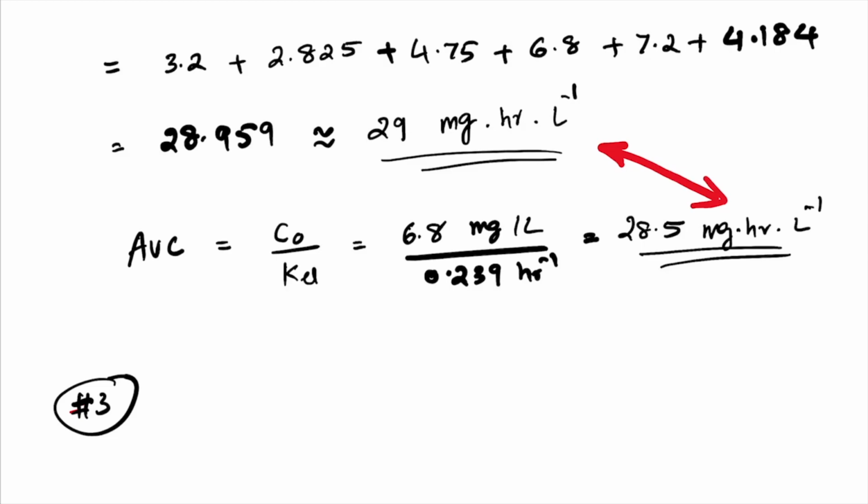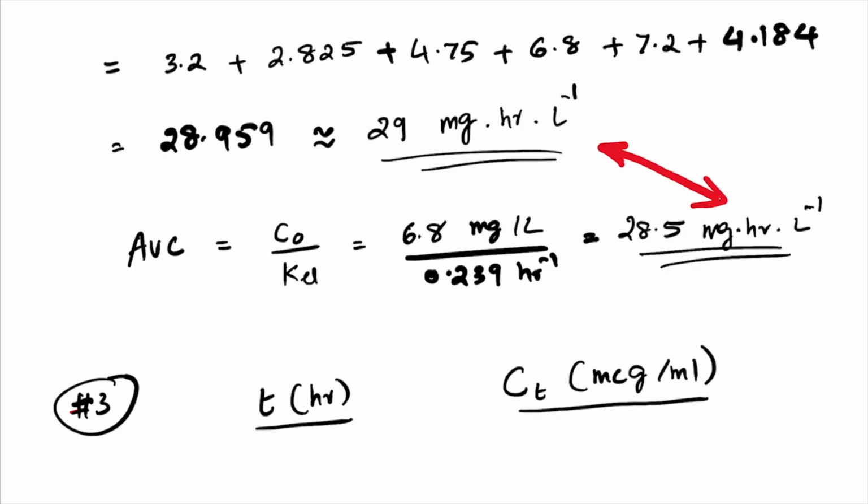So if you just take time in hours and CT in micrograms per ml: 2 hours after the dose, the level was 1.2 micrograms. 5 hours after the dose is given, the level was 0.3.